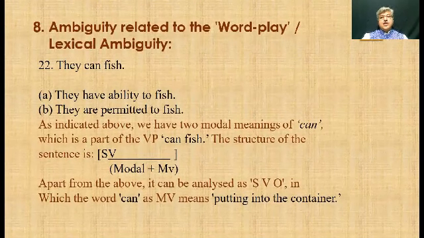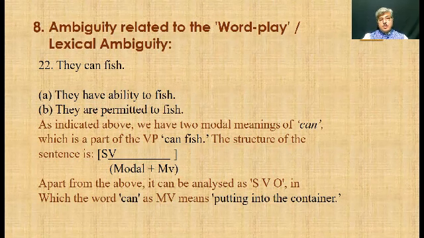Ambiguity related to the word play, or lexical ambiguity. They can fish. The first meaning is they have the ability to fish. They are able to fish. And the second meaning, they are permitted to fish. Now they can fish here.